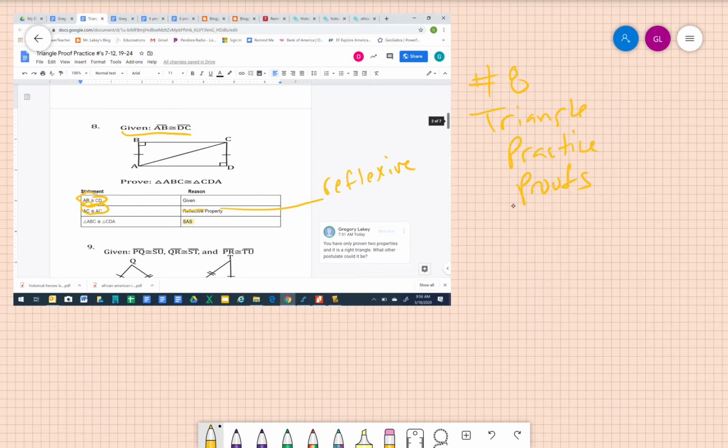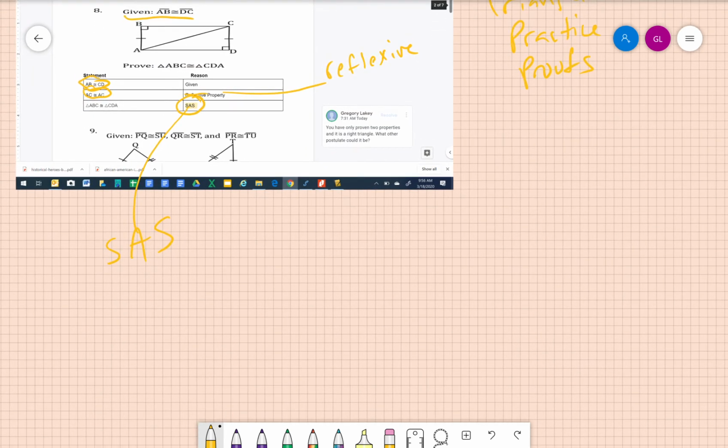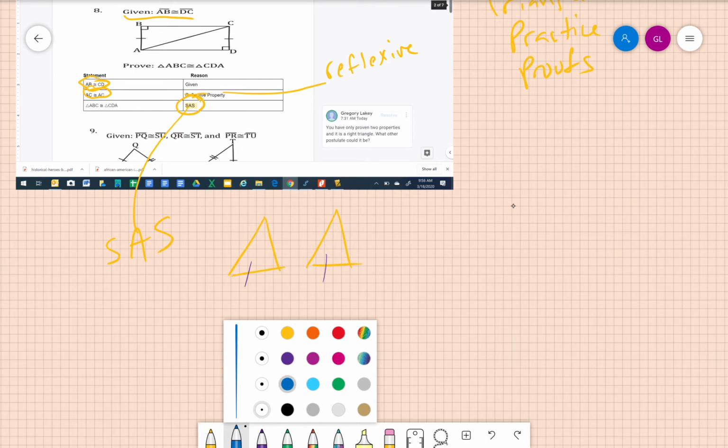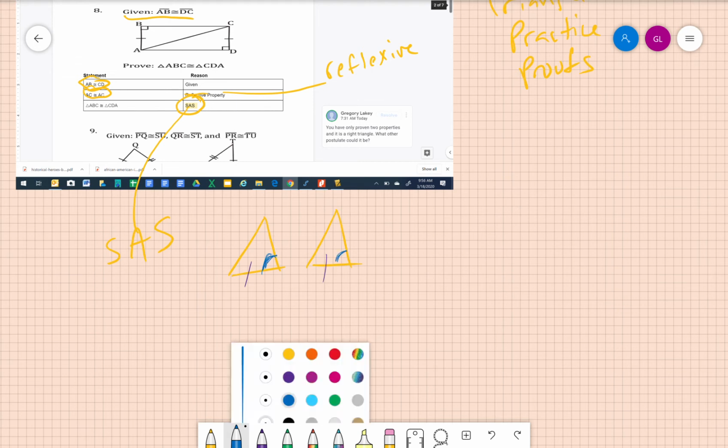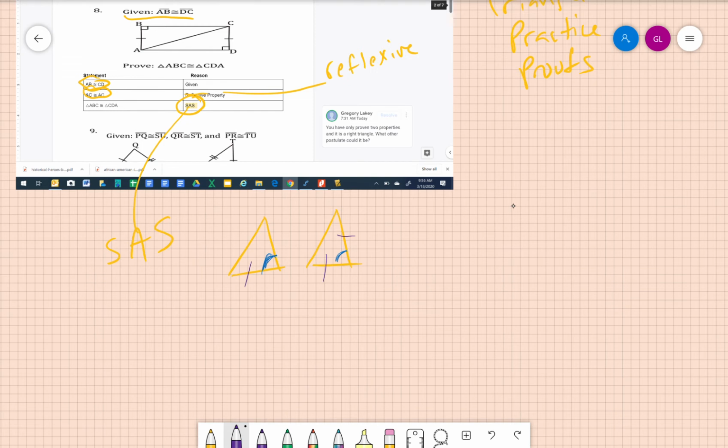One reason is that with it being side angle side, right? Side angle side states that for the most part you're going to have an angle included in between two sides. So let's just say we happen to have 2 triangles here as an example, and then we're going to have a side that's congruent, then we happen to have an angle, sorry, that arc came out really bad, an angle that's congruent, and then we have another side that's congruent.